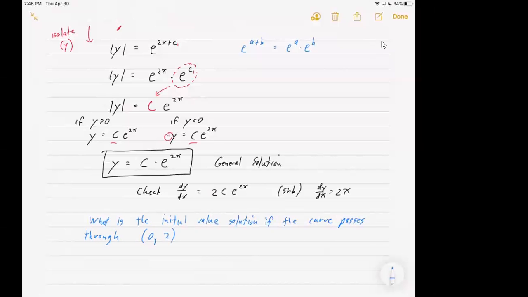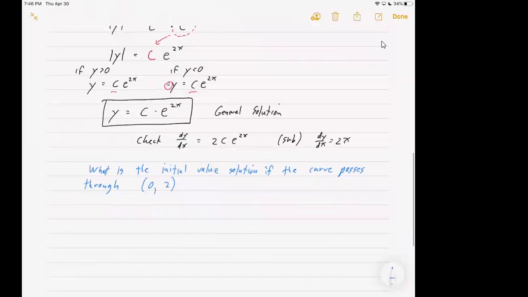Well, we simply sub the initial values in. So 2 will go in for y, c is still c, e to the 2x becomes e to the 0, so c must be 2, so y equals 2 e to the 2x is the solution to the initial value problem that passes through 0, 2. Okay, so there's a second example.